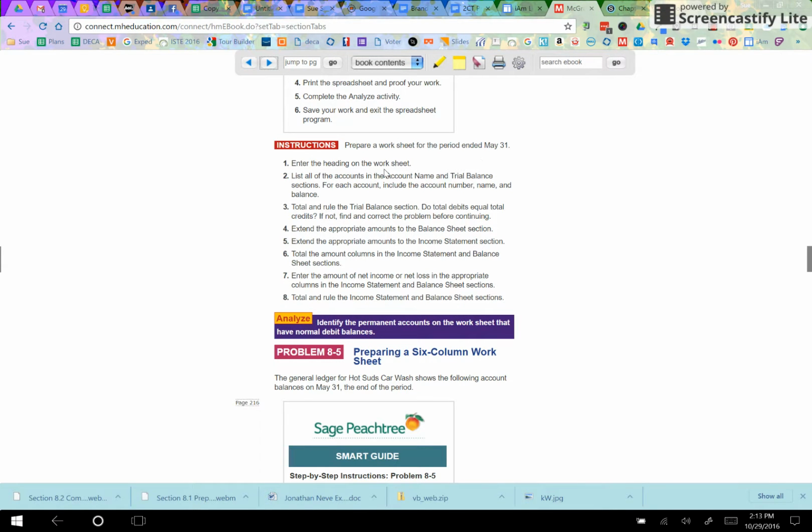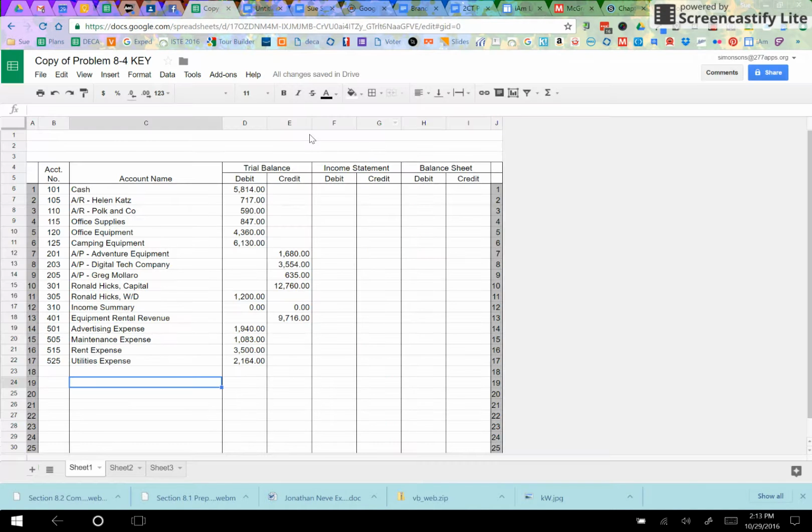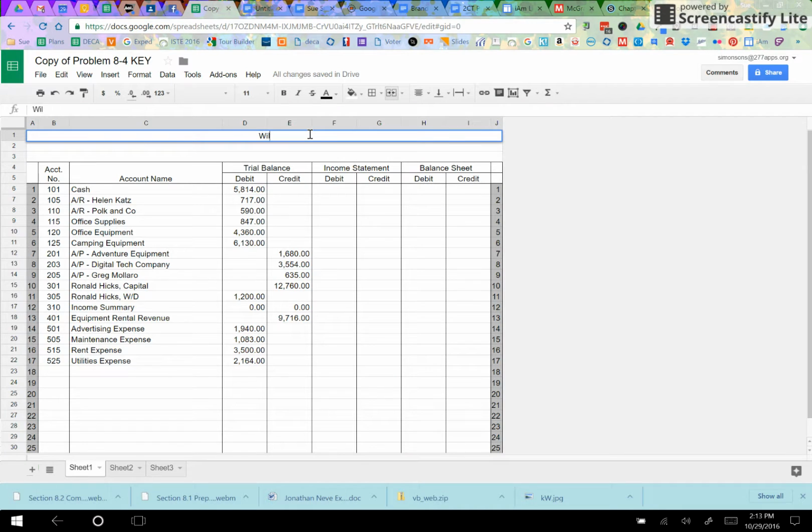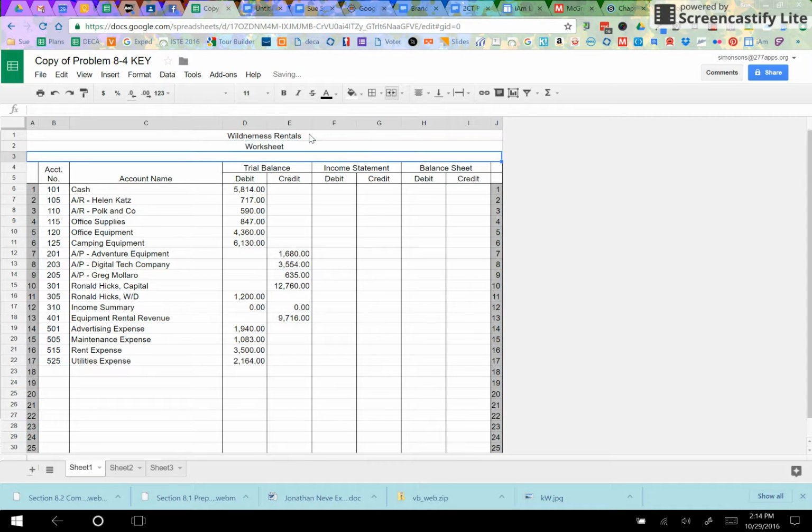The first thing they want us to do is enter the heading on the worksheet. So who is Wilderness Rentals? What is the worksheet? And when is it for?